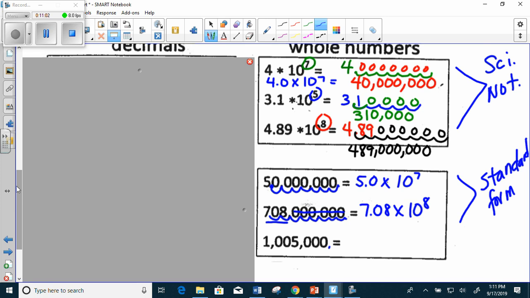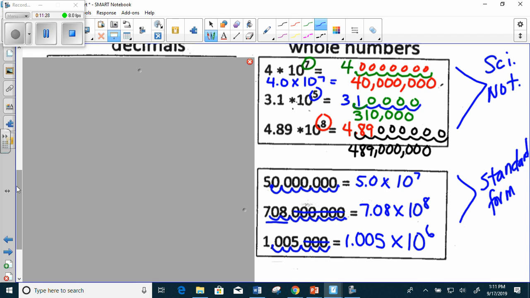Okay, the last one. Count how many places. 1, 2, 3, 4, 5, 6. Now watch this one. 1.005. You can't drop the zeros until you get to the last 3. Times 10. How many times did we move the decimal? 6 times.